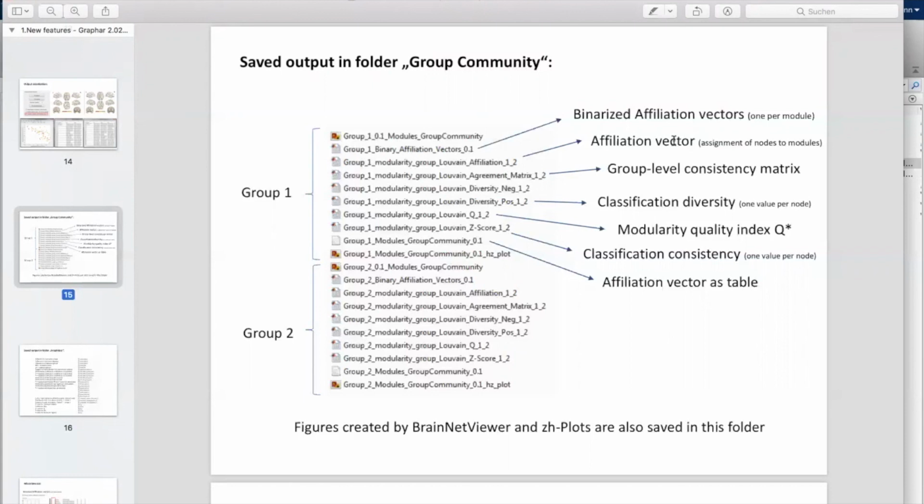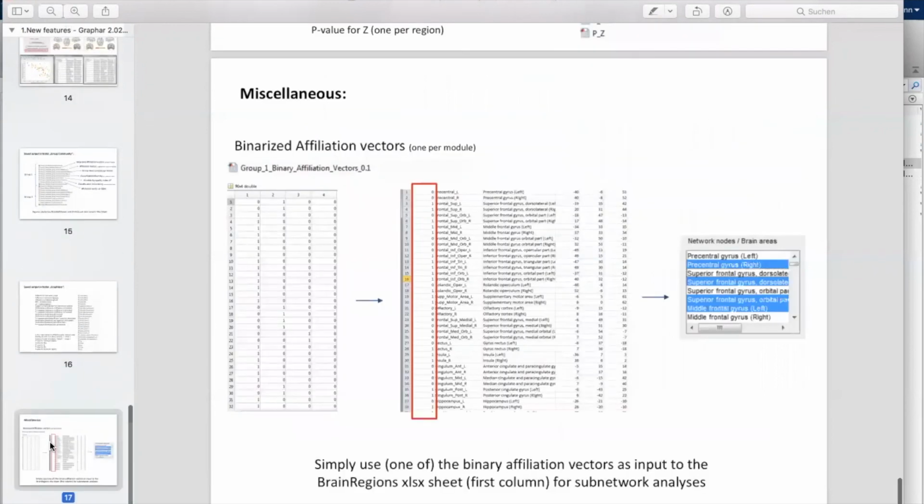And then we also give you the binarized affiliation vectors. I show this on the last slide: those could be the males, where we found out we have 4 modules. Here it is coded with 0 or 1 for the respective node, and the nodes are the rows. Each node would belong to module 1, 2, 3, or 4. So you see it's unique. If it's 1 in module 2, then it must be 0 in the other ones.